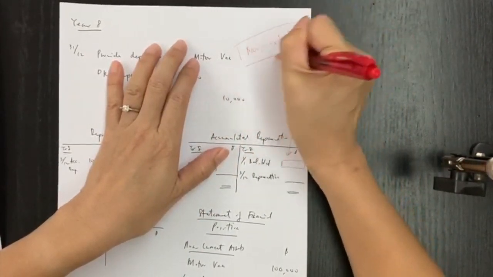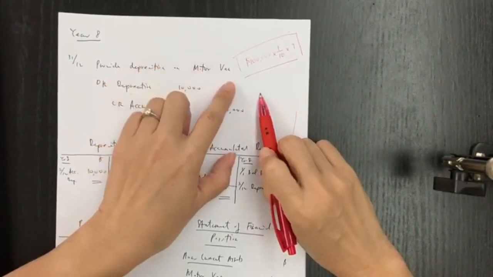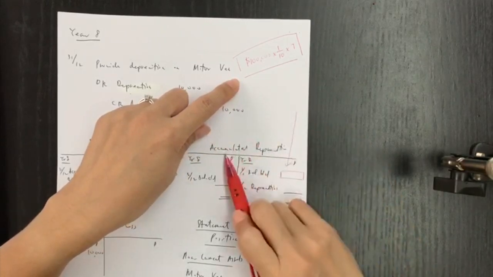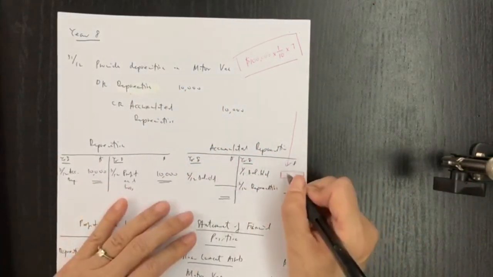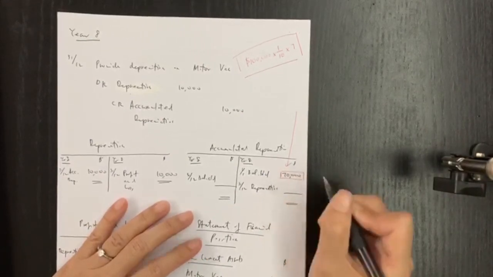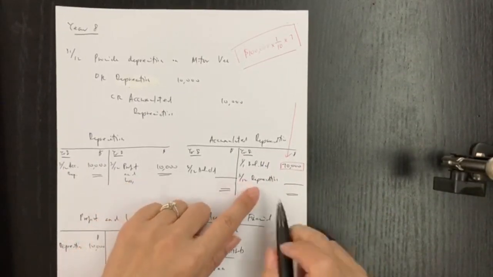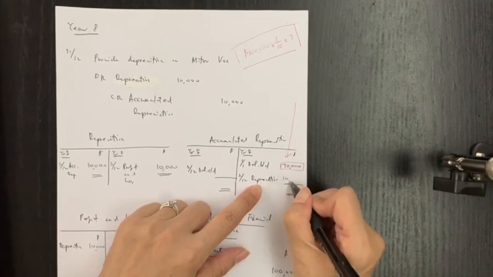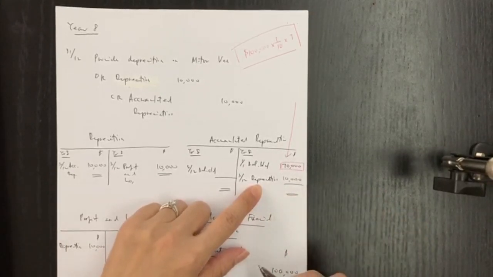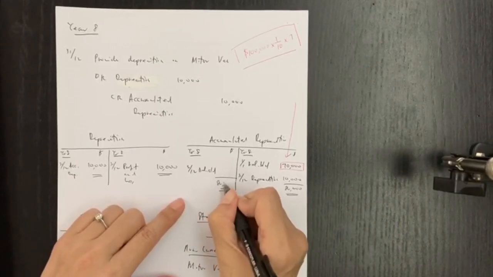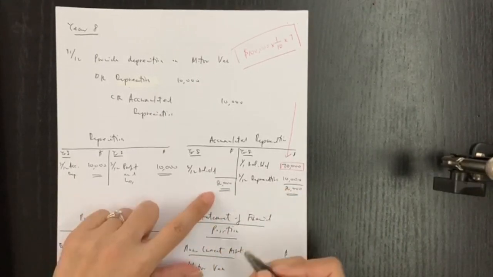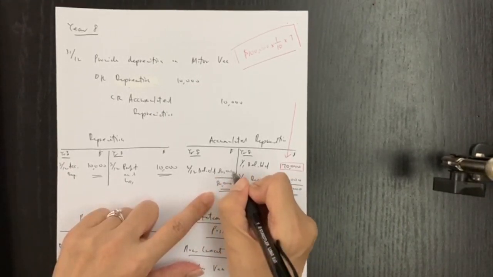Okay, so this is the formula to work out the opening balance in the accumulated depreciation account. So therefore I will have this 70,000 to begin with. Okay, and each year we provide 10,000, so that I have 80,000 here, and then I have 80,000 here.